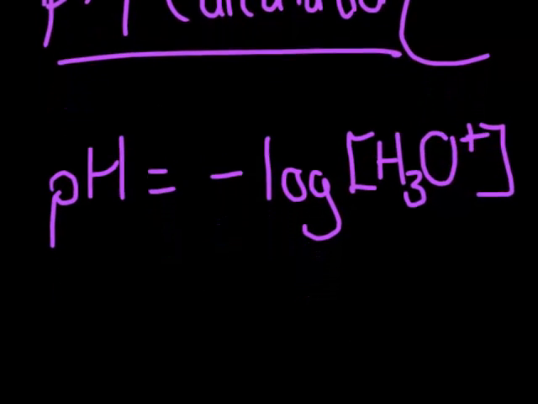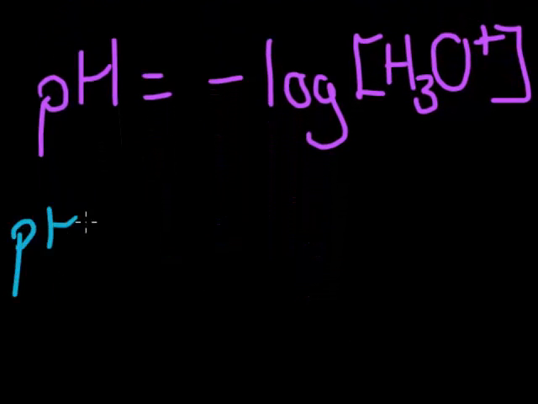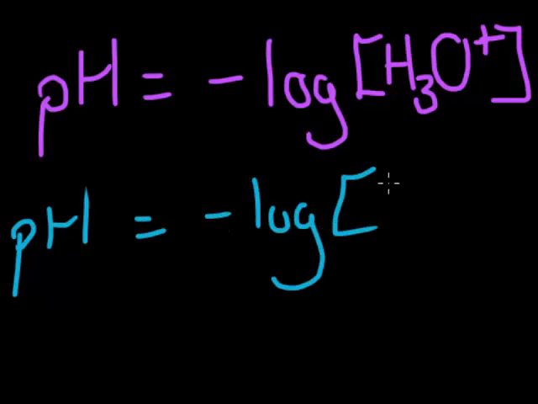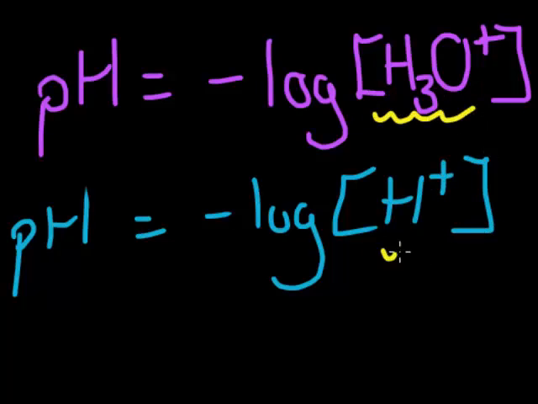You will also note that sometimes they give you the hydrogen ion concentration, and that's exactly the same thing as the hydronium ion. So whether they talk about the hydronium ion or the hydrogen ion, that means exactly the same thing. So your pH is measured in the relativity of your hydronium ion concentration.